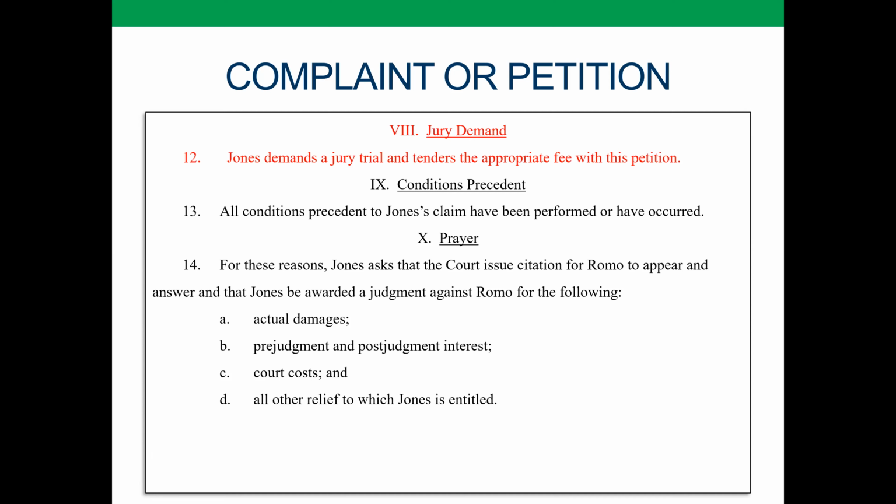And you have to also pay a relatively small fee to the court. It's called a jury fee. But if you do that, then the case gets put on the jury docket.